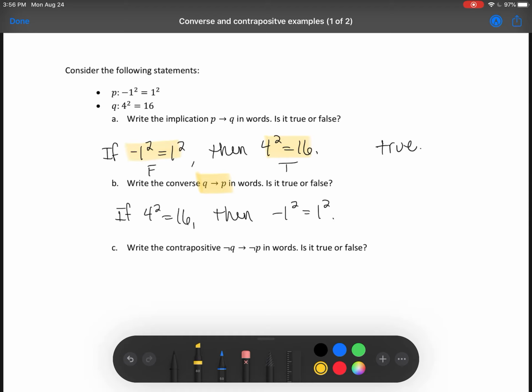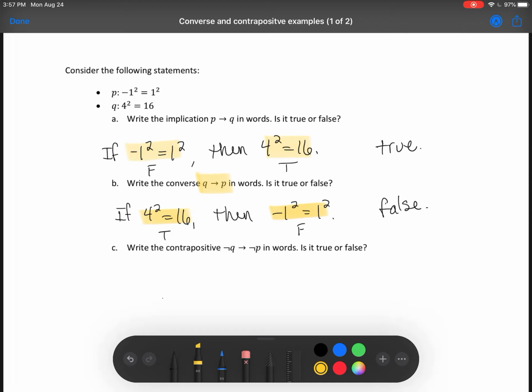All right, so now to determine if that is true or false, again, we know that this part is true, which is now our hypothesis, and this part is, as we said before, false. And remember, that's the one case where an implication is false, when the hypothesis is true and the conclusion is false. So notice already that even though the implication, if P then Q, was true, the converse in this case, if Q then P, is actually false.